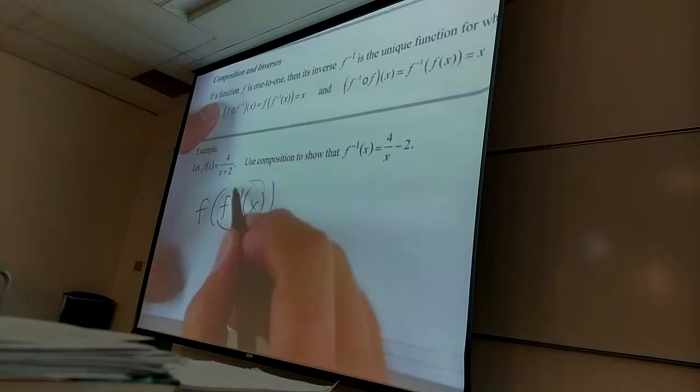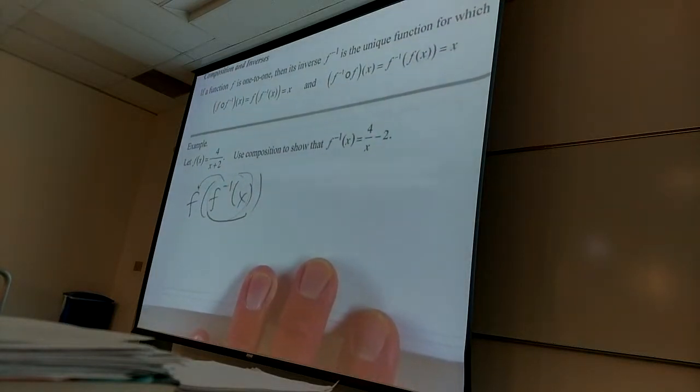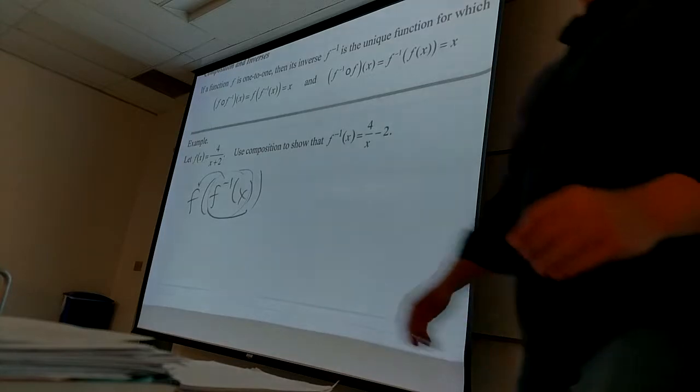Take that function and put it in. That's the composition stuff, right? Same stuff. Do it. So they're going to cancel? Well, you're going to show me if they cancel.